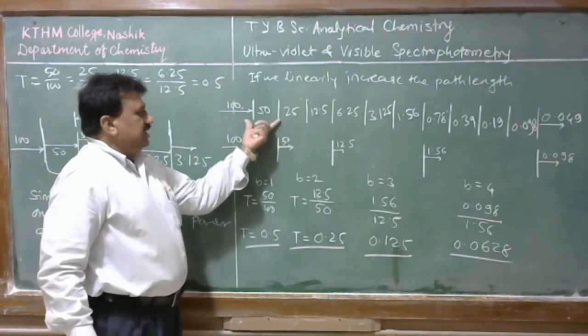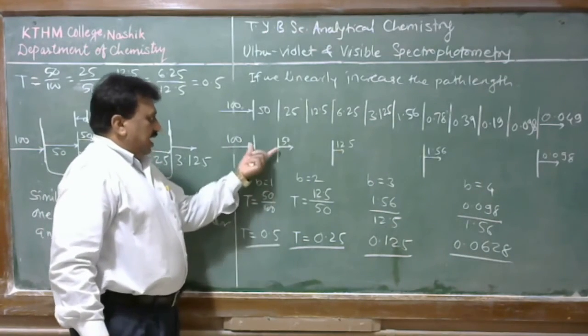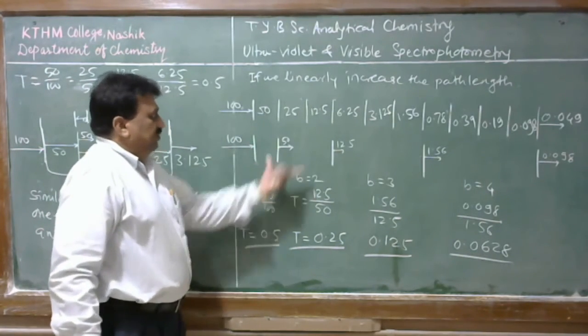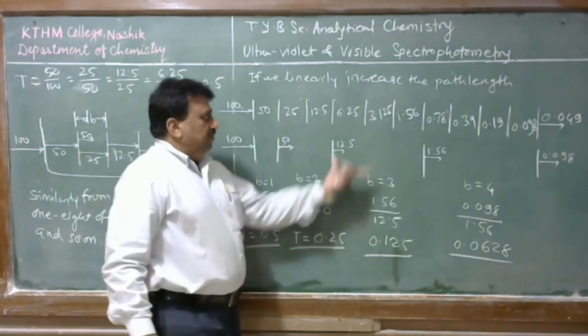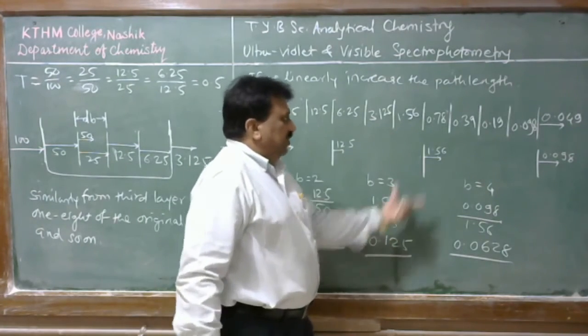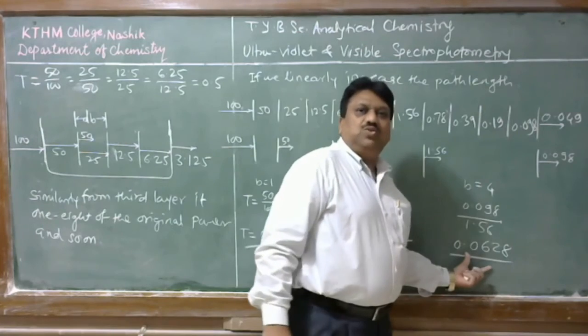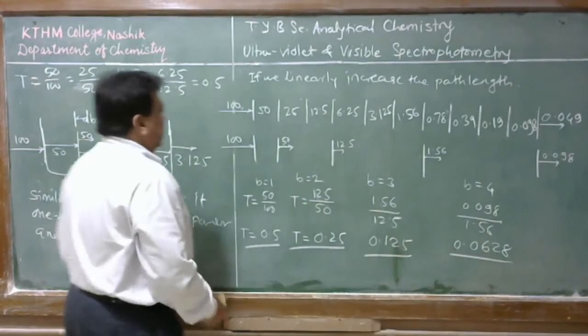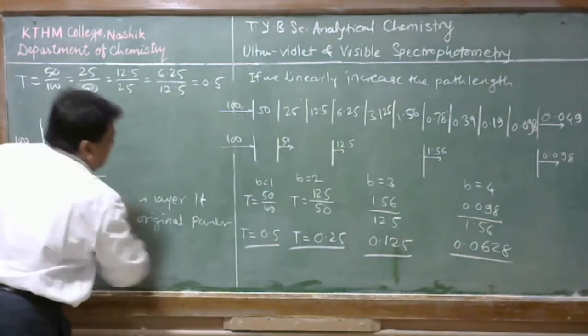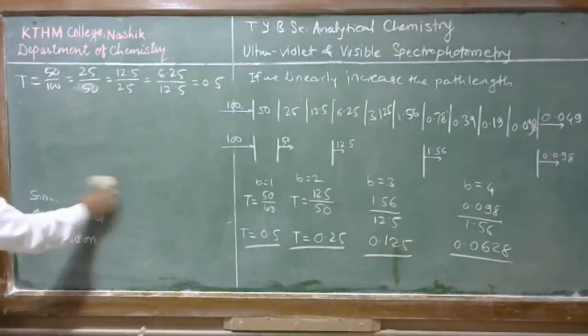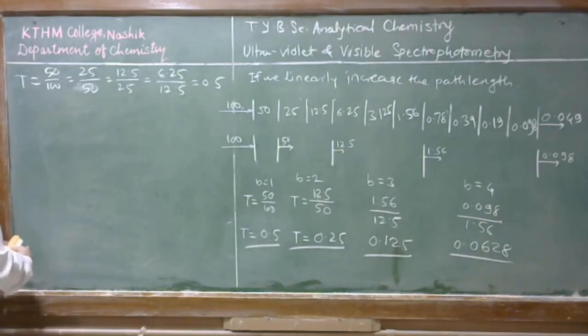That means here these are the transmittance values. Therefore, transmittance in the first layer having B is equal to 1 this much, when B is equal to 2 this much, when B is equal to 3 this much, when B is equal to 4 this much. That means in this case, if we plot a graph of transmittance as a function of increase in path length, then we have a curve like this.